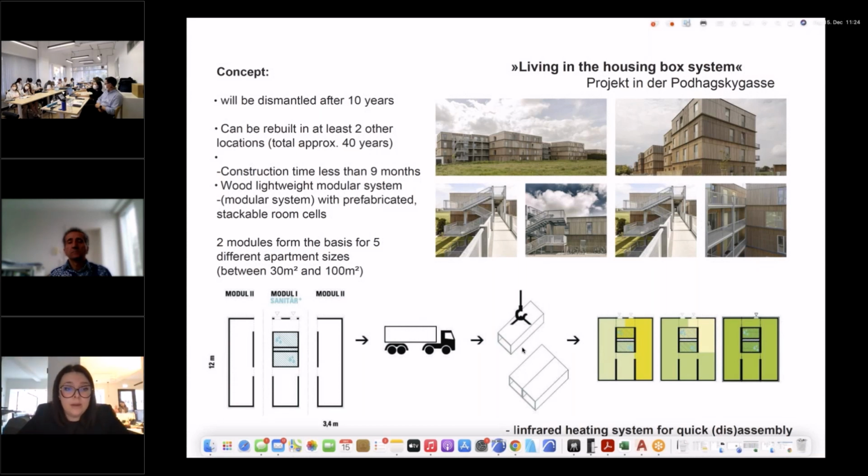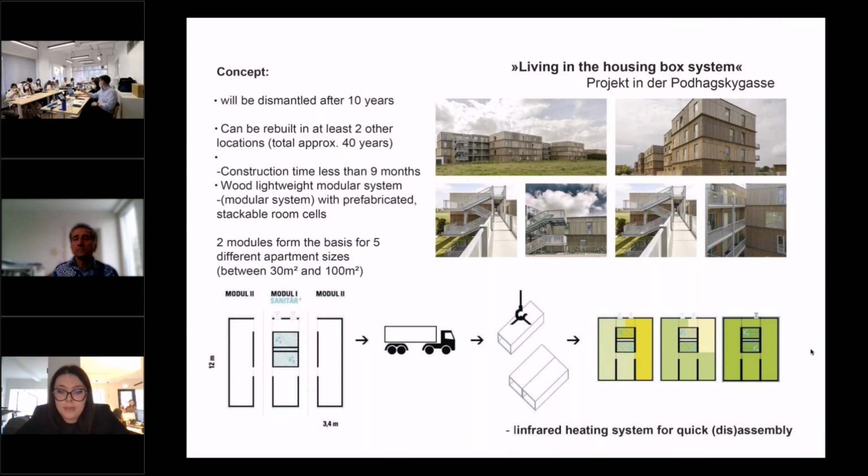The modules are based on 5 different apartment sizes, between 30 and 100 square meters. And they are put together by an integrated heating system for quick disassembly and assembly.